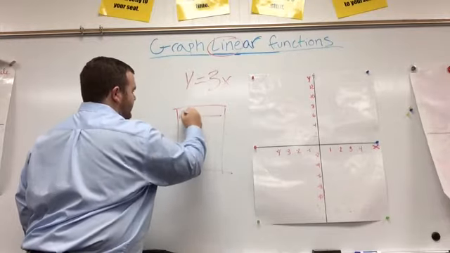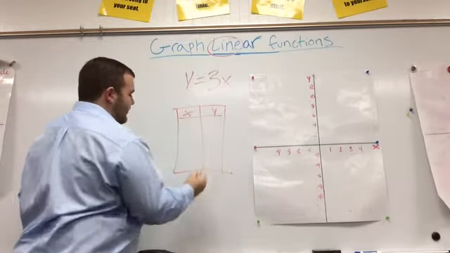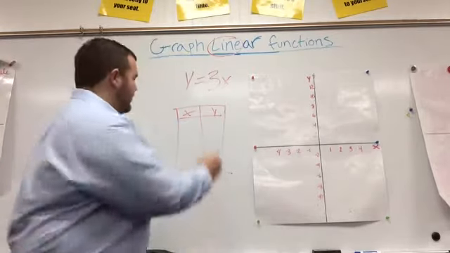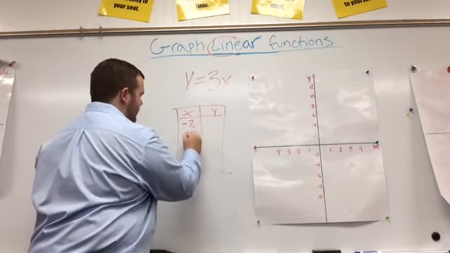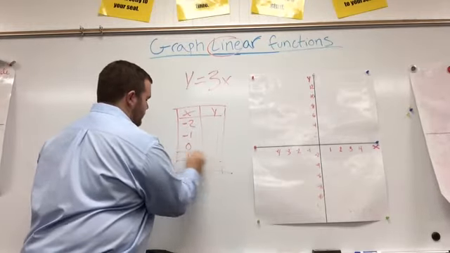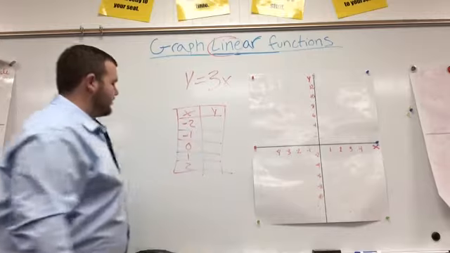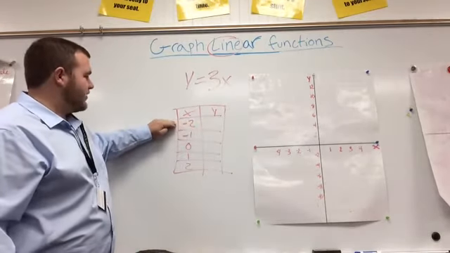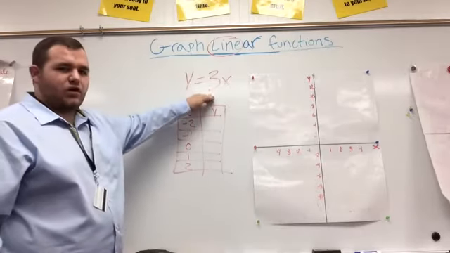And so we have our x and our y. For our x's, let's do some negatives, 0, and a couple positives. So we'll have -2, -1, 0, 1, and 2. We're going to do 5 points. To figure out what our y value is, when x is -2, we're just going to plug it into our equation.